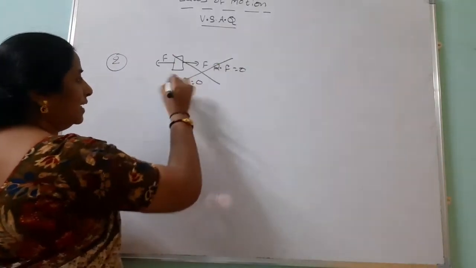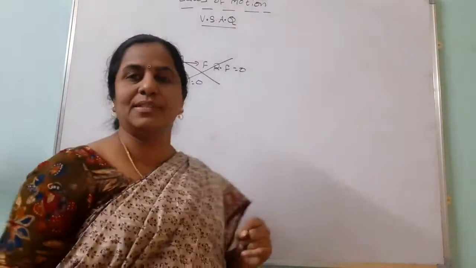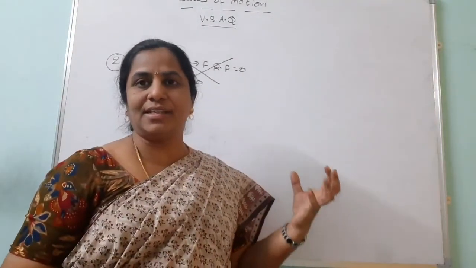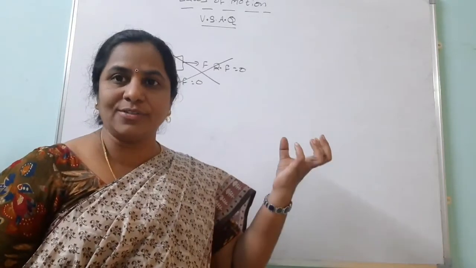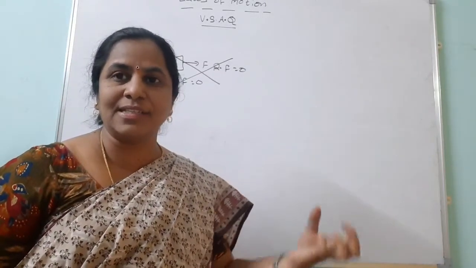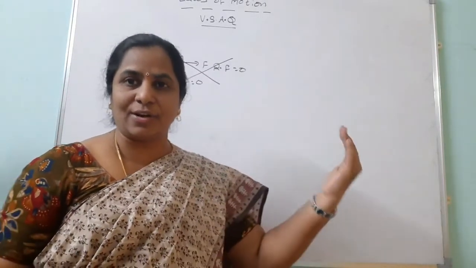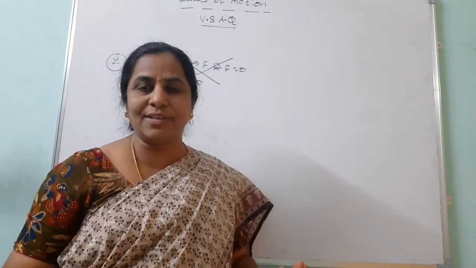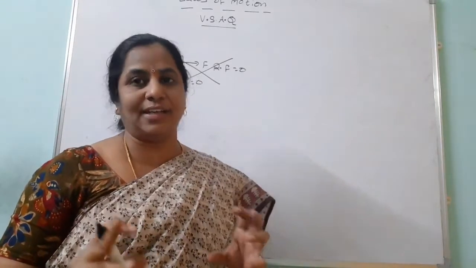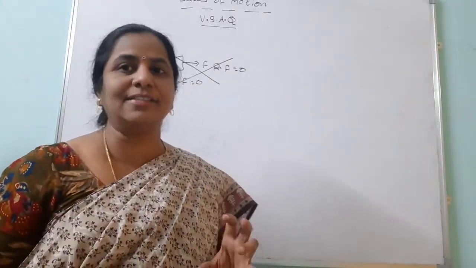But from Newton's third law, for every action there is always an equal and opposite reaction. The rocket is going upward, but the fuel is coming downward. Action is on the rocket, reaction is on the fuel. So here the resultant force is not equal to 0. Why? Action and reaction are not acting on the same body.